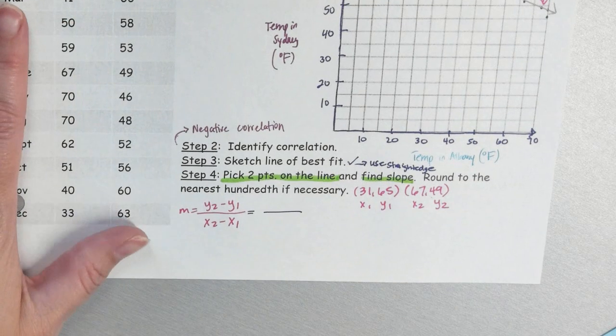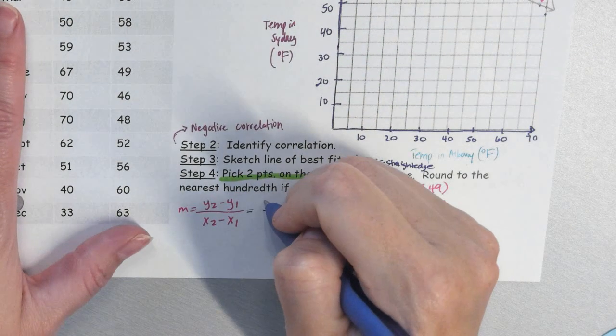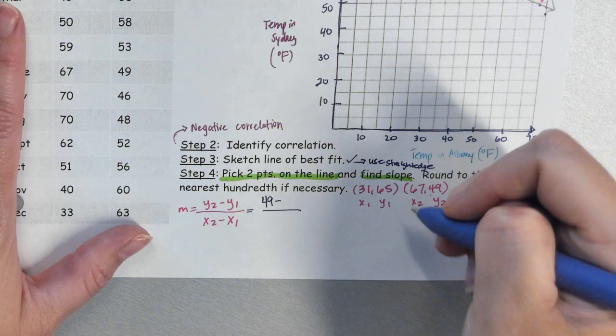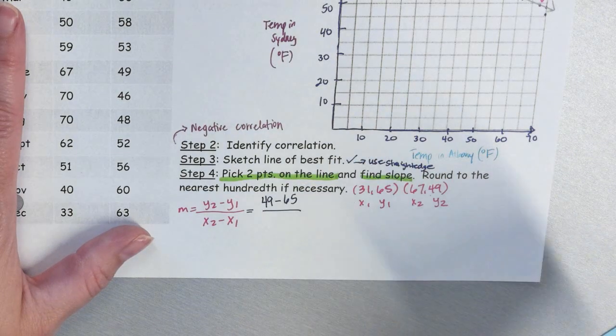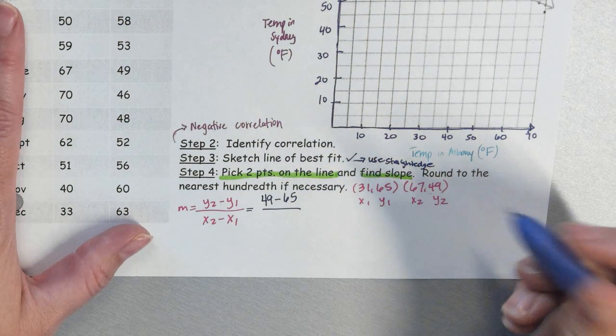Now, even though the final value might not be the same, our slopes should all have one thing in common. Do you guys know what that is? Yeah, they should all be negative. Good.